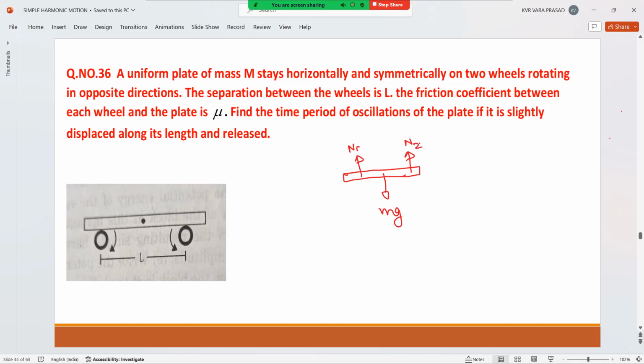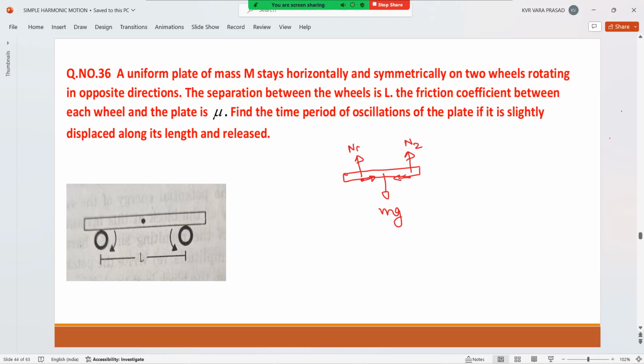Initially, the plate was kept symmetrically. Therefore, N1 equal to N2. And at the contact we have one more force, that is friction. Frictional force we have to take at each contact, which is in the plane of the plate, like this.